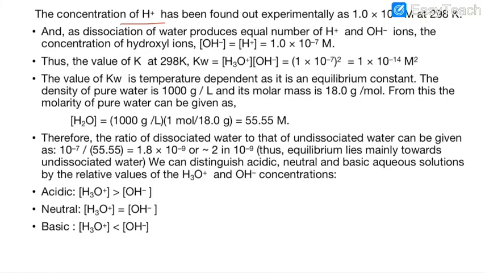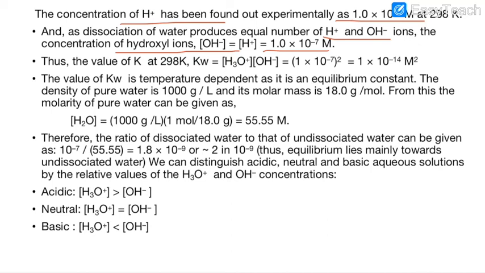The concentration of H plus has been found out experimentally as 1 into 10 raised to the power minus 7 M at 298 Kelvin. And as dissociation of water produces an equal number of H plus and OH minus ions, the concentration of hydroxyl ion will be equal to 1 into 10 raised to the power minus 7 M.